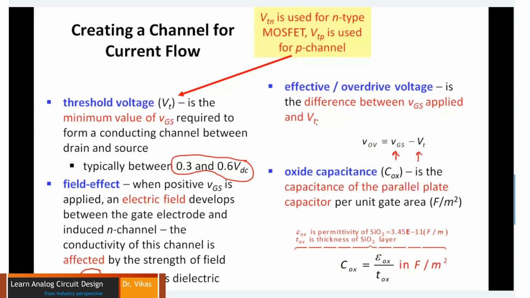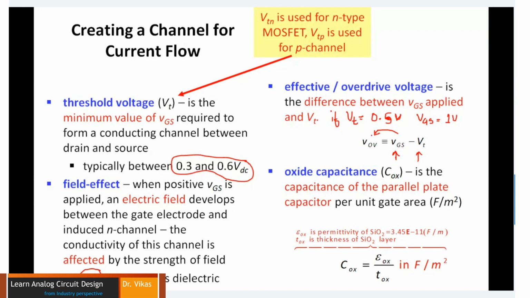For example, if VT is 0.5 volts, that means at exactly 0.5 volts the channel is formed, but if I apply VGS up to 1 volt, then the difference between VGS and VT, which is 0.5 volts, is known as the overdrive voltage.